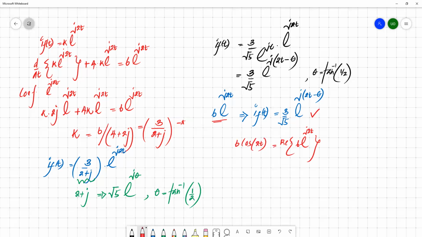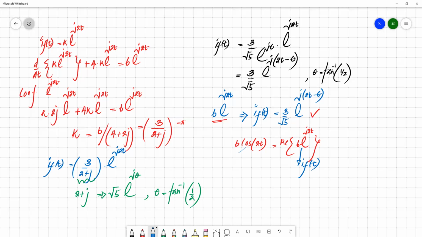So if you want the response which maps to 6 cos 2t, take the real part of this response. This is the response for the complex exponential, and since 6 cos 2t is the real part of this complex number, you can simply take the real part of the response as the response for this one.